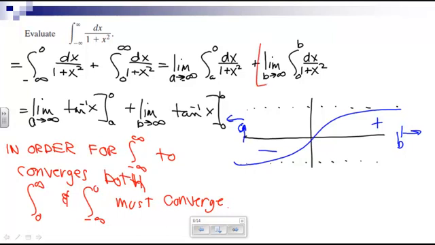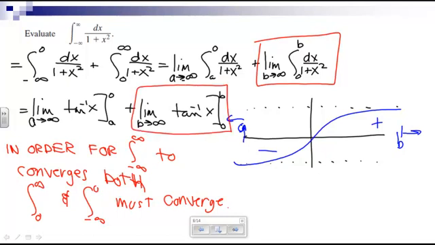Now, I ask you this question. Is this integral, or this limit, convergent based on the drawing of the inverse tangent curve? Is there a finite amount of area under this curve as b goes to infinity? Every time I take my b out, that area gets bigger.